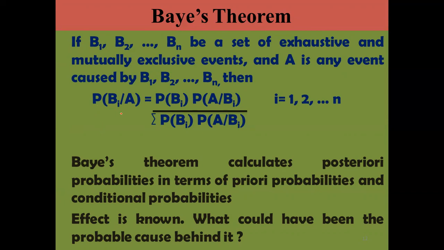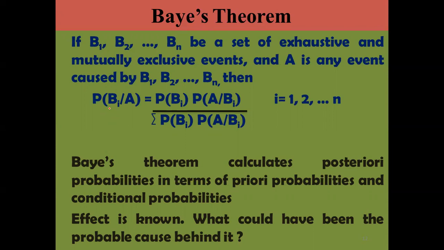So Bayes' theorem calculates the posteriori probabilities in terms of priori probabilities and conditional probabilities. If the effect is known, what could have been the probable cause behind it? This is a very important and interesting concept to know the probable cause for an effect which has happened.